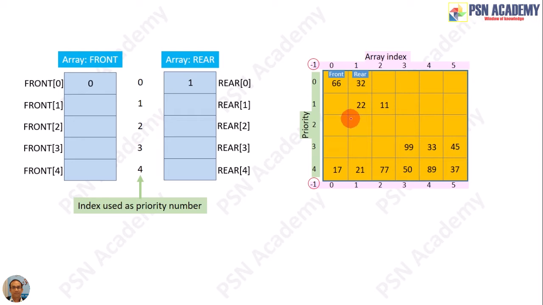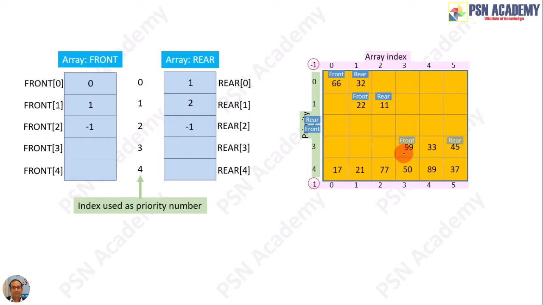Now for priority 1, the front is here at cell 1 and rear is here at cell 2. So you write front 1 is 1 and rear 1 is 2. For priority 2, both rear and front are at index -1. Of course, index -1 is not there in an array, but since there is no element in this row with priority 2, we set rear and front to -1 like this.